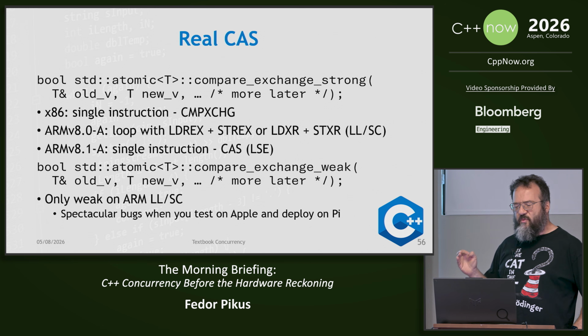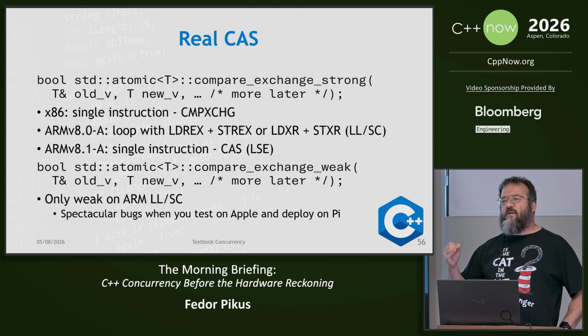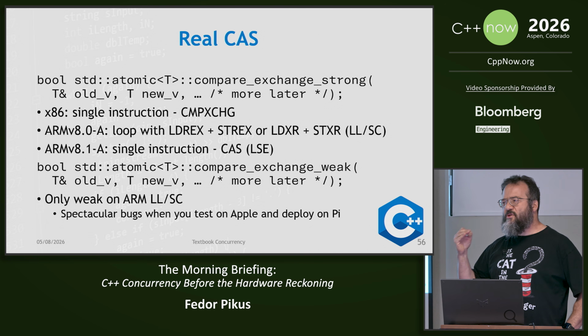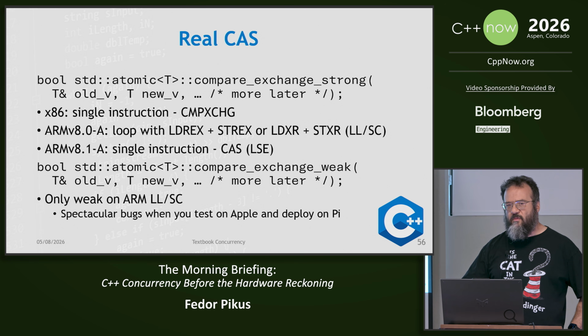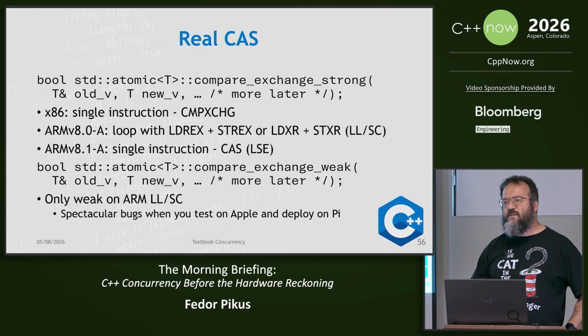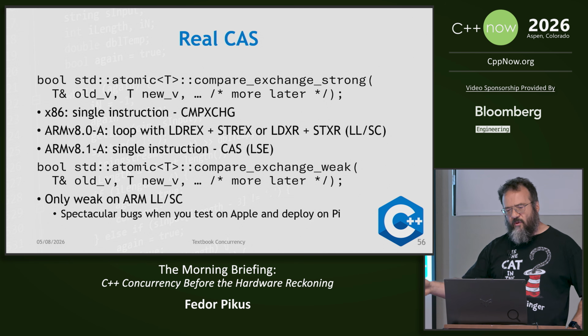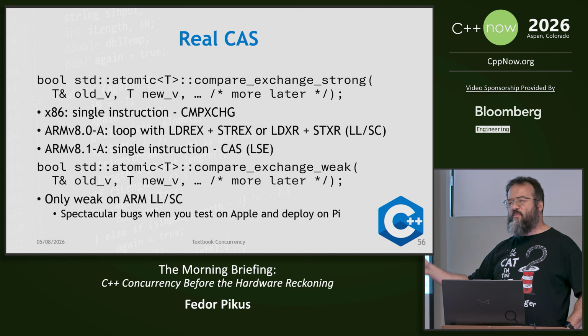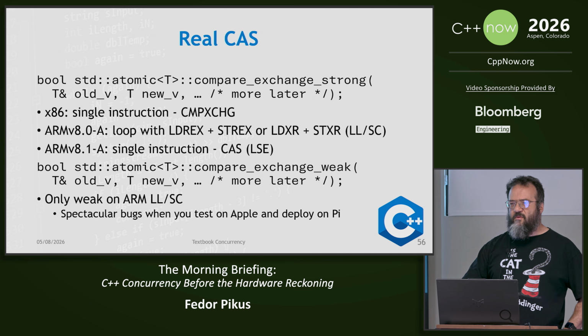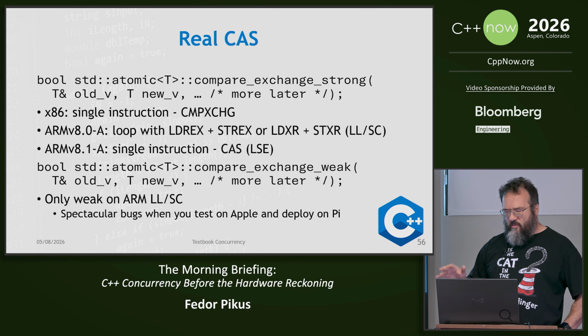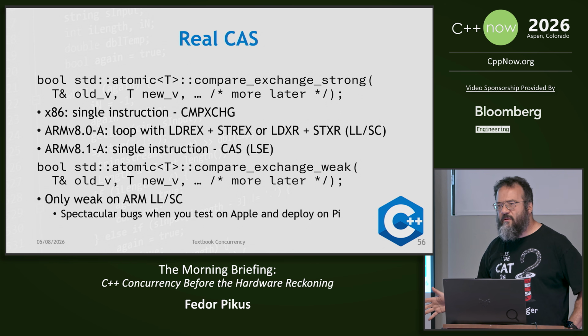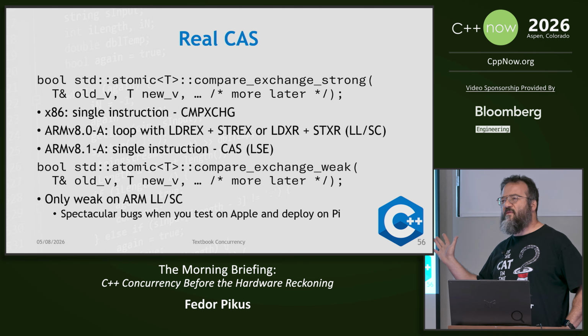Because what compare exchange weak does is it can what's called spuriously fail. Compare exchange strong tells you if the current value is equal to the expected, it becomes new and true is returned. Compare exchange weak says if the current value is not equal to the expected, it definitely doesn't become new and false is definitely returned. If it's equal to the expected, we could either do what you want, replace it, or pretend that it's not equal and still return false.